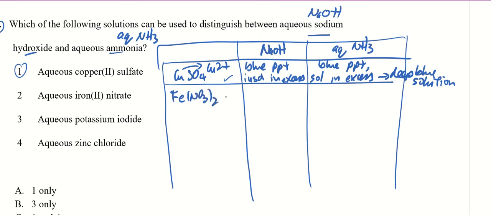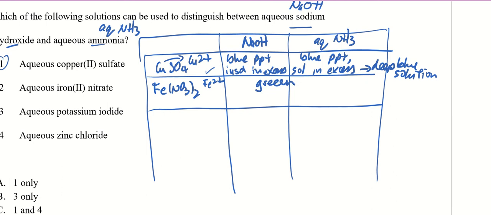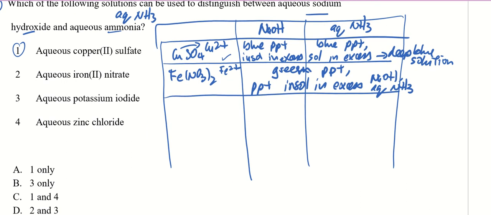Now iron 2 nitrate has the Fe2 plus ion, and if you remember, for Fe2 plus ion, the observations will be the same for sodium hydroxide and aqueous ammonia, which is we get a green precipitate, and the precipitate will be insoluble in both excess sodium hydroxide and aqueous ammonia, which means since we're getting exactly the same reaction, we will not be able to differentiate between sodium hydroxide and aqueous ammonia using iron 2 nitrate. Okay, so this will be out.